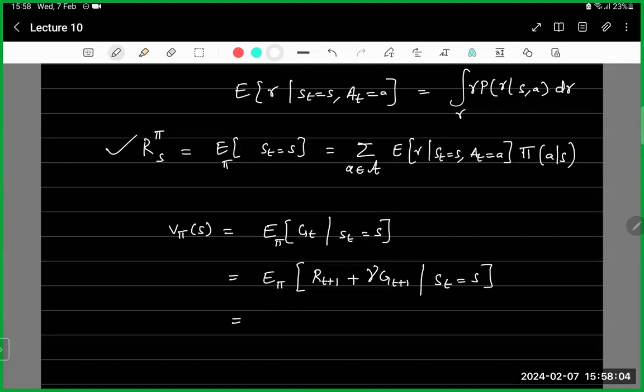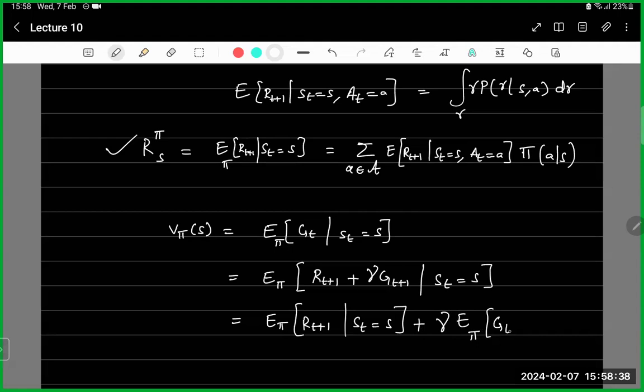Now, if I just use linearity of expectation, what will I get? The notation is a little bit wrong here, so it should be R_{t+1}. So this will be the expected value under pi of R_{t+1} given S_t equal to S, plus gamma times the expected value under pi of G_{t+1} given S_t equal to S. Correct?